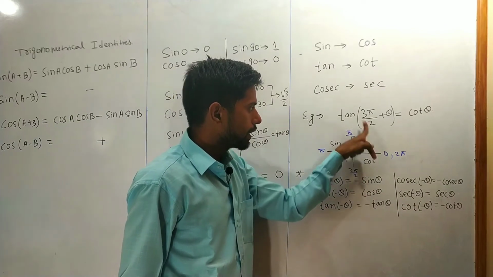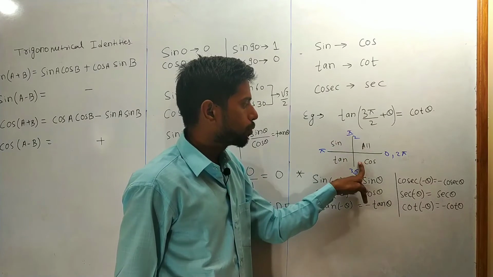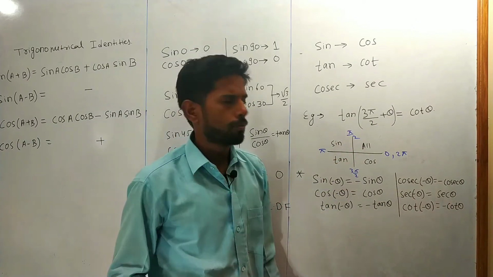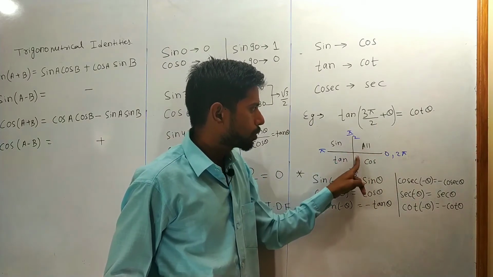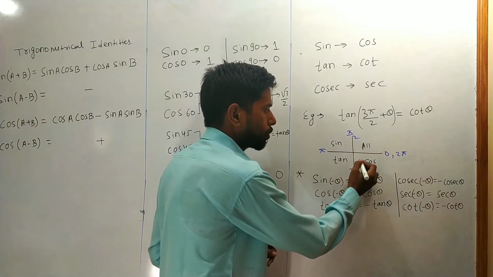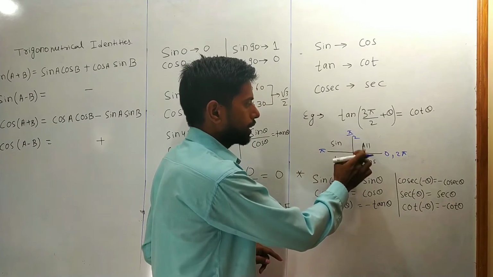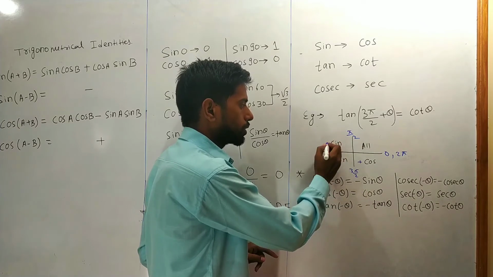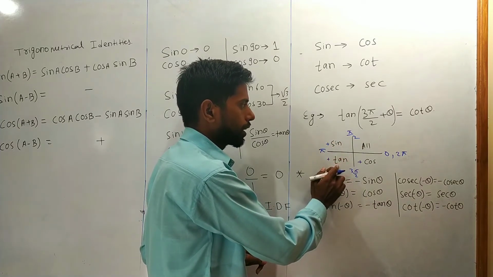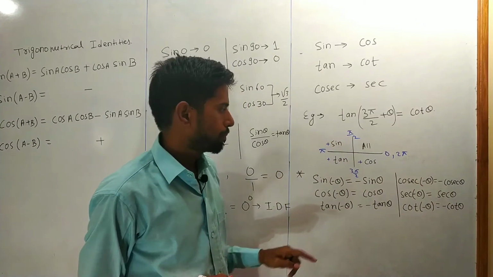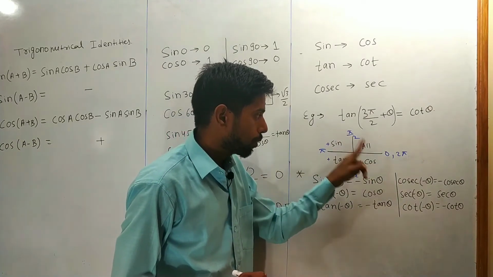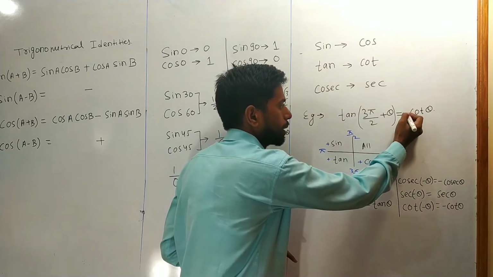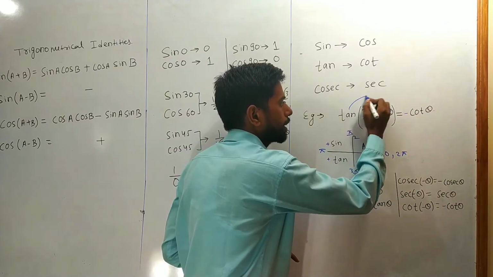So this value lies in the fourth quadrant, and in the fourth quadrant only cos is positive, the rest everything is negative. Here everything is positive, here only sine is positive, and in the third quadrant tan is positive. So only cos is positive, but here it is asked tan, that's why this will become negative. Tan will convert to cot.